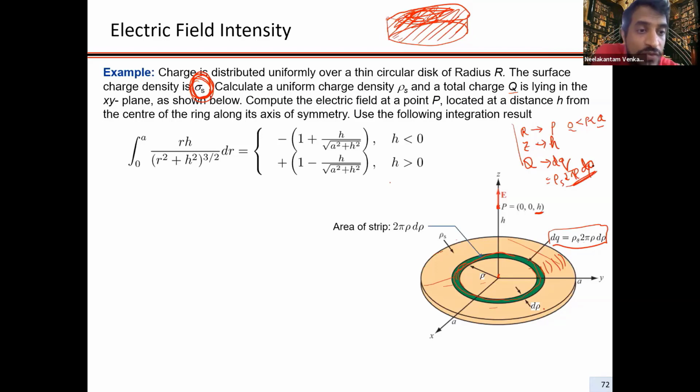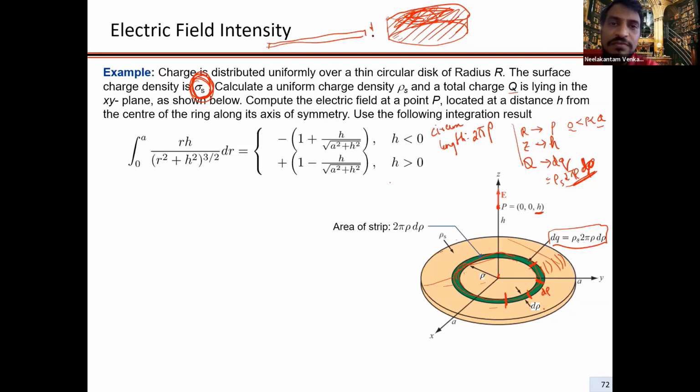How is it rho s 2 pi rho d rho? The reason dq is rho s 2 pi rho d rho is, if I have a loop at a distance rho, I know the length of this loop, its circumference, is going to be 2 pi rho. Then this small little strip has a width of d rho. If I cut the strip and make it into a rectangle, all I get is a long ribbon like this.